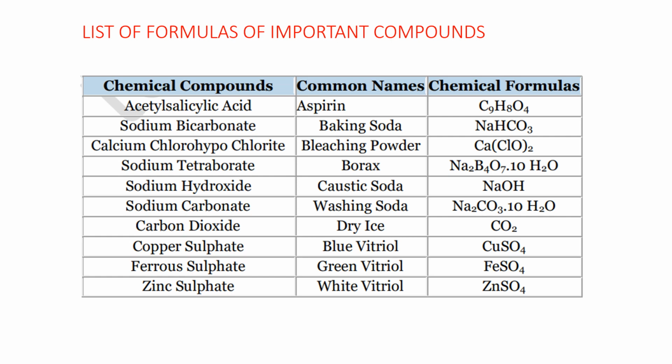For writing the reaction, you should know the symbols. I have listed some chemical compounds and their common names with their chemical formulas. Here are only a few very important ones, but others are also mentioned.